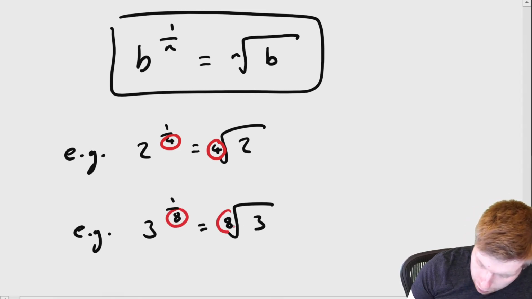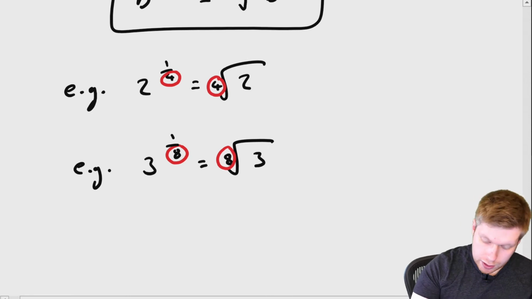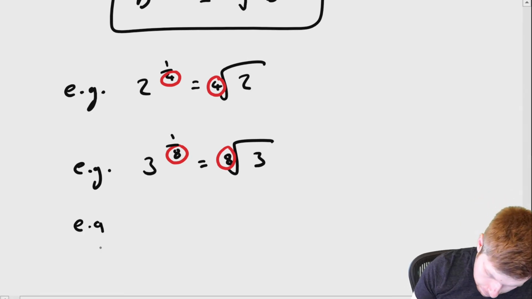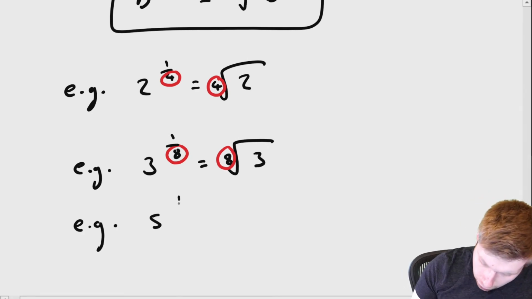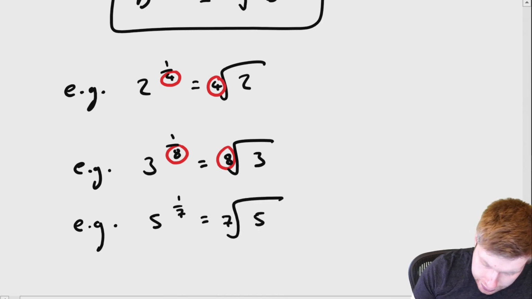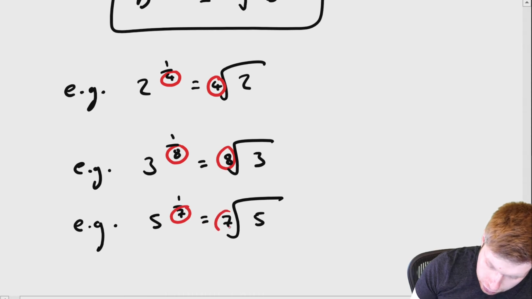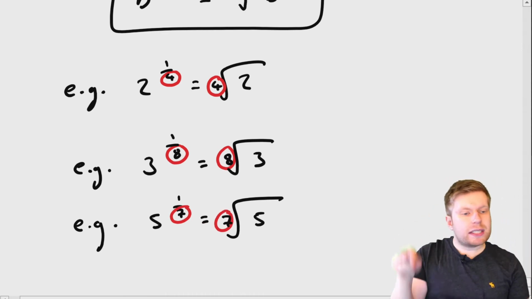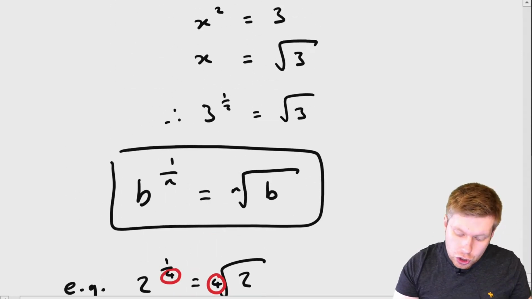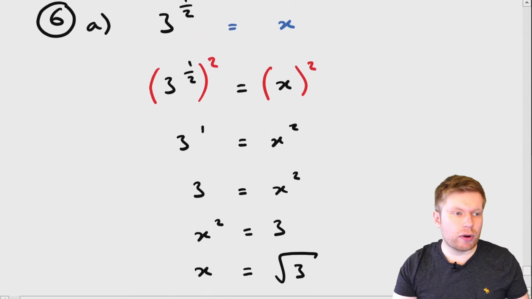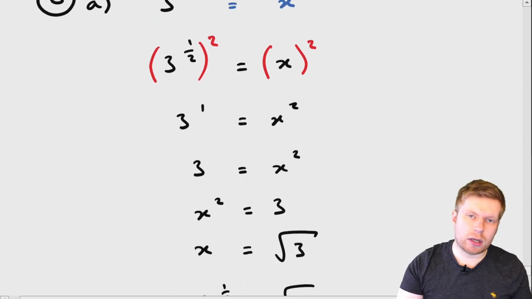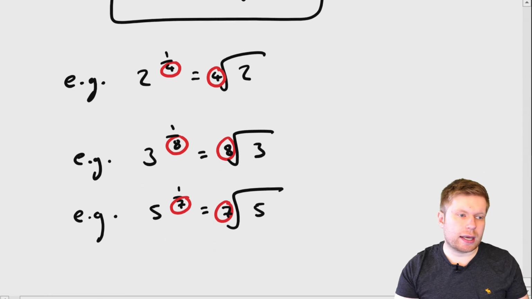Again, that denominator becomes the root, all right? See another example, 5 to the power of a 7th. Well, I keep the 5 the same, and I take, you guessed it, the 7th root. So the denominator of my fraction climbs down to become a root, and you've seen why, because you should always be able to follow this kind of reasoning just with different numbers to prove that this is always going to be the case.